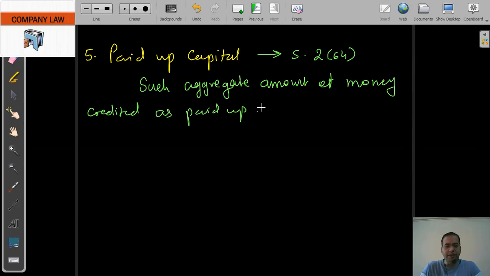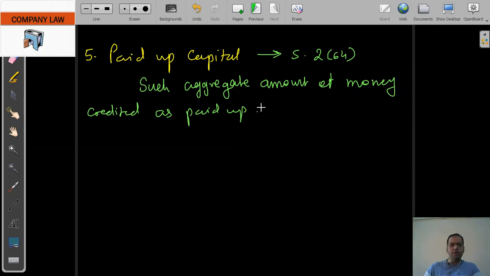So it is basically equivalent to the amount received as paid up in respect of the shares issued, and also includes any amount credited as paid up in respect of the shares of the company. But it may not include any other amount received in respect of such shares by whatever name called.